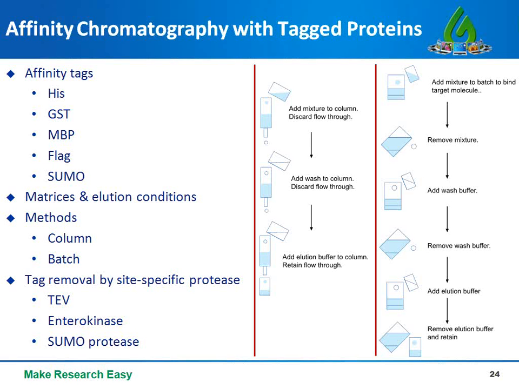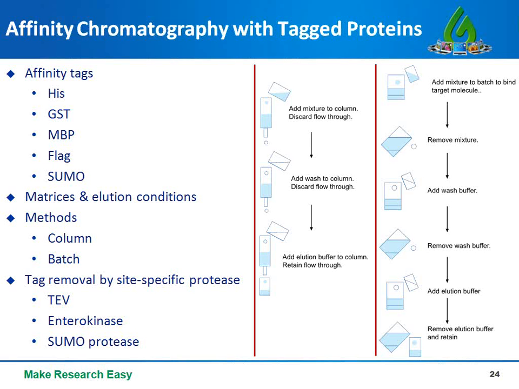For example, the matrices for his tag protein would be nickel resins, and the elution buffer would be 10 to 250 millimole imidazole or low pH. And the GST tagged protein can be purified through glutathione agarose base and eluted with reduced glutathione condition.